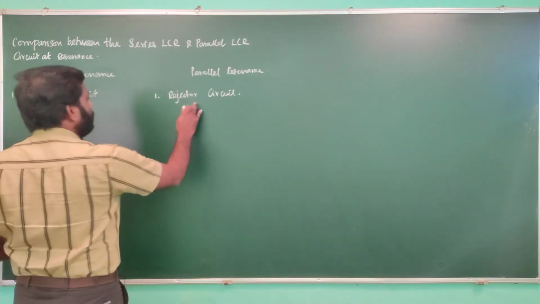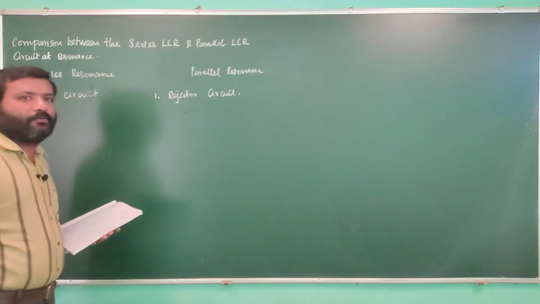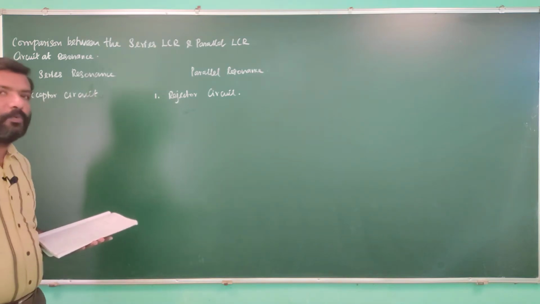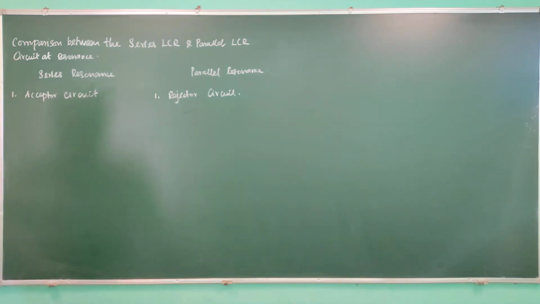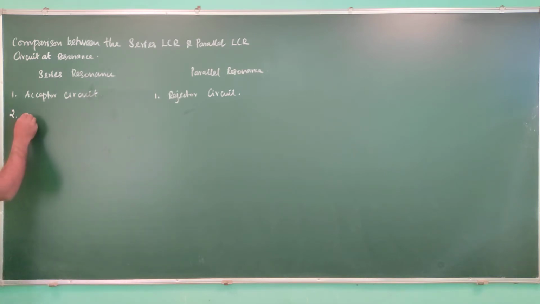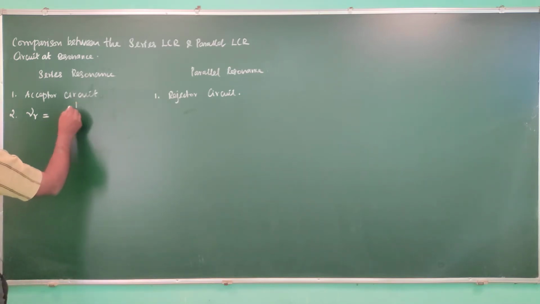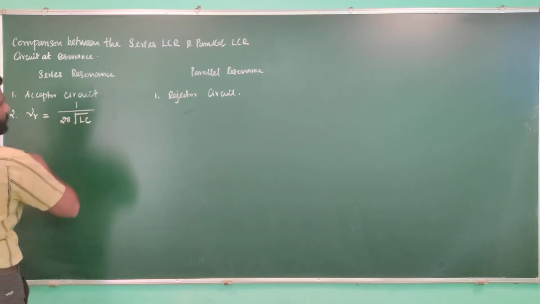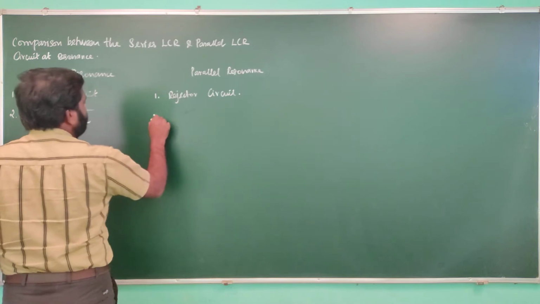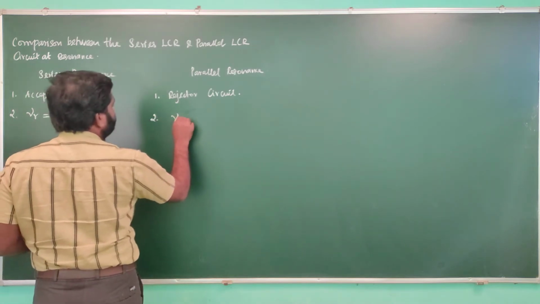Here the frequency that we are targeting is rejected. And in both cases the equation for the resonance frequency is the same, that is 1 by 2 pi square root of LC.